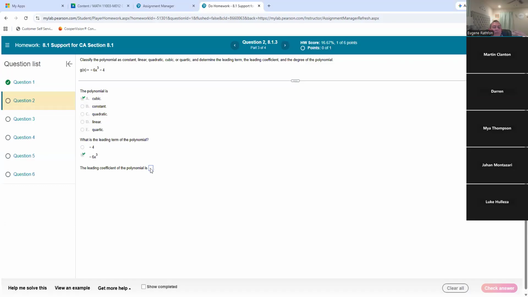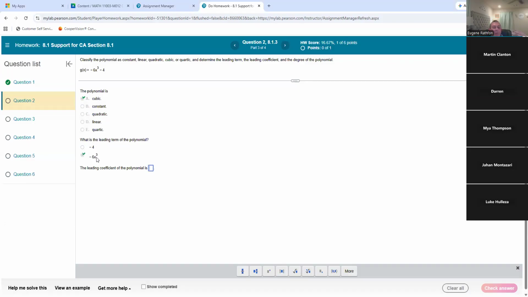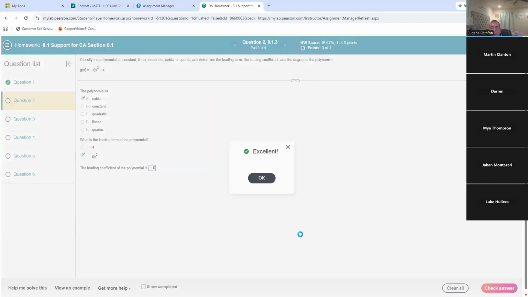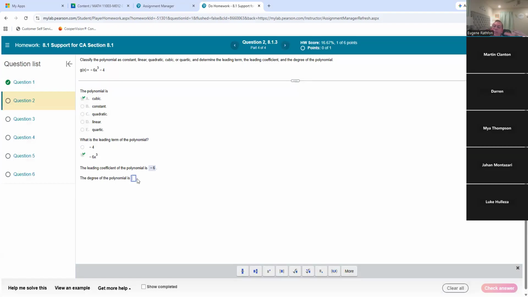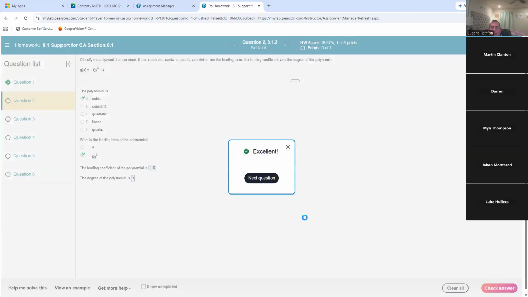The leading coefficient, well, y'all, that's the number in front of the leading term. So that'll be the negative 6. And then finally, the degree, well, that's the highest exponent, which is the exponent on that leading term. So that would be a 3. All right, y'all.